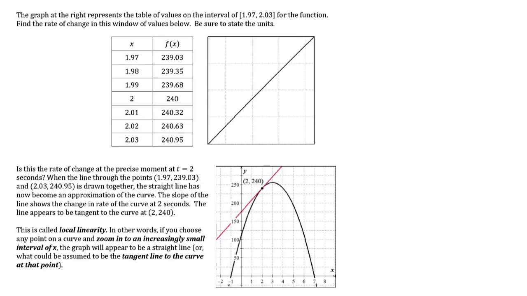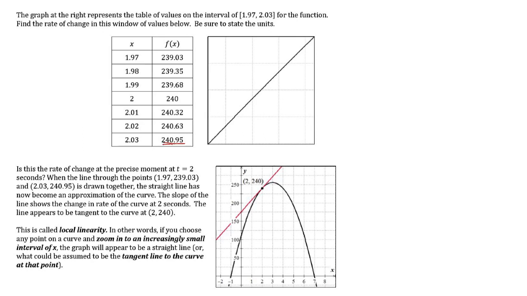They have zoomed in and they're making those really small intervals. And keep in mind that we were wanting to find, hopefully, what's going on over the interval from 1.97 to 2.03. So let's set up our average rate of change, because again, we're going to have to use that in order to find our instantaneous rate of change. So let's read our chart.